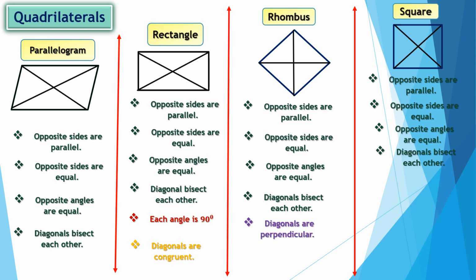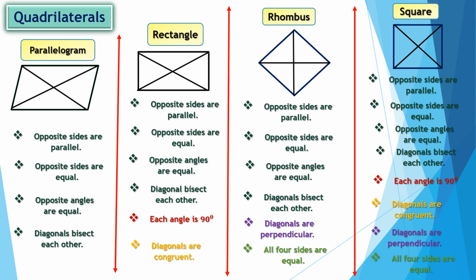Rhombus diagonals are perpendicular to each other and all 4 sides are equal. Square, each angle is 90 degrees. Diagonals are congruent. Diagonals are perpendicular to each other and all 4 sides are equal.